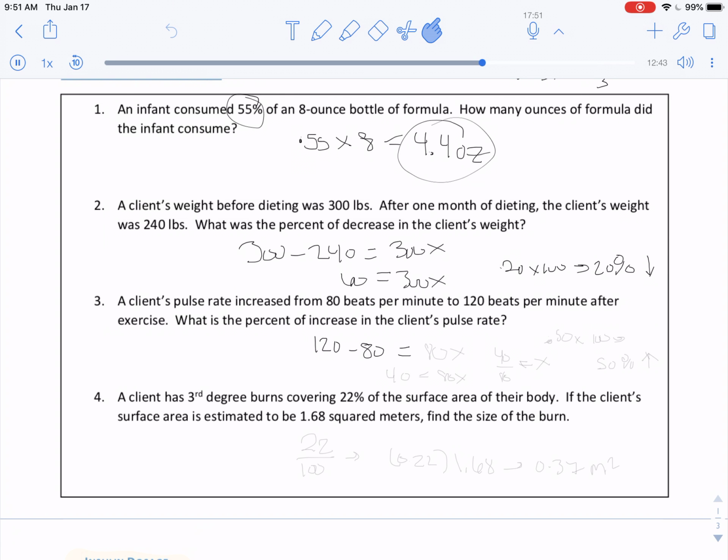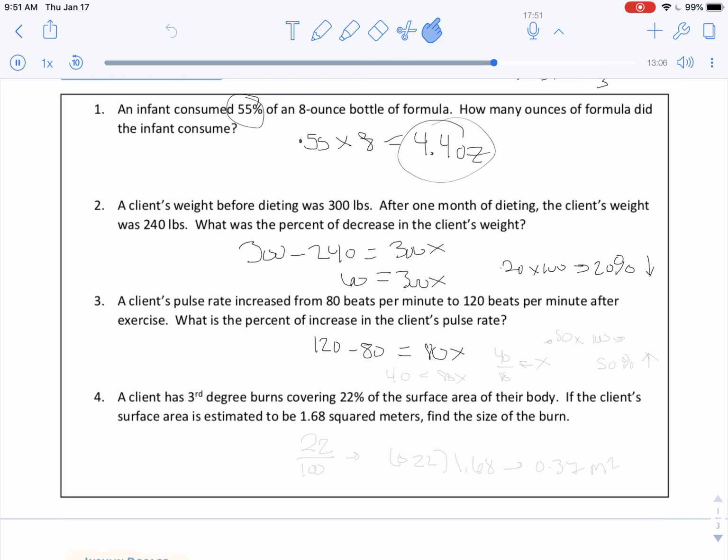Then we have the original amount being 80, x being again the factor that we are trying to look for with the increase of pulse rate.